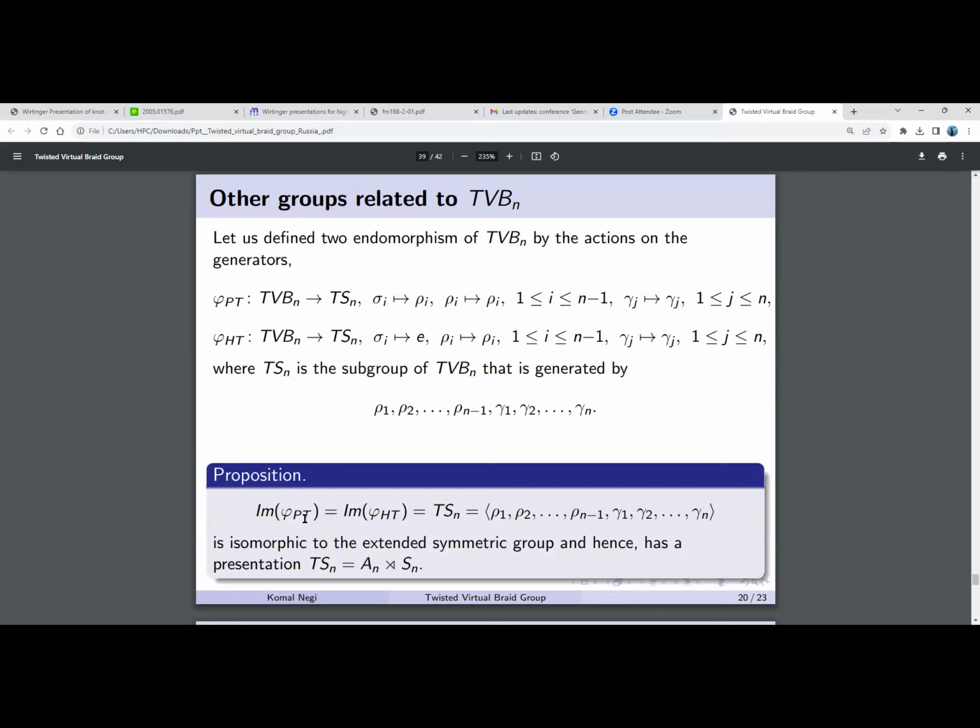Now we can prove that the image of this map will be TSN only, and it is isomorphic to the extended symmetric group, and hence it has the presentation TSN equals the semi-direct product of AN and SN.